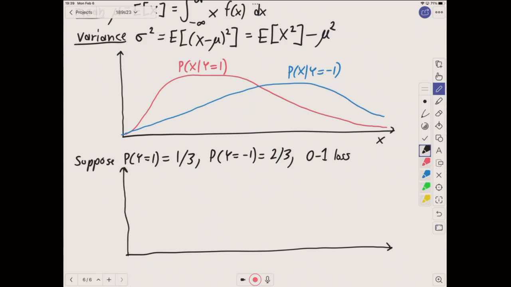So now we're going to multiply by the prior probabilities. Since there's twice as many people who don't have cancer, this blue curve is going to come up to here.